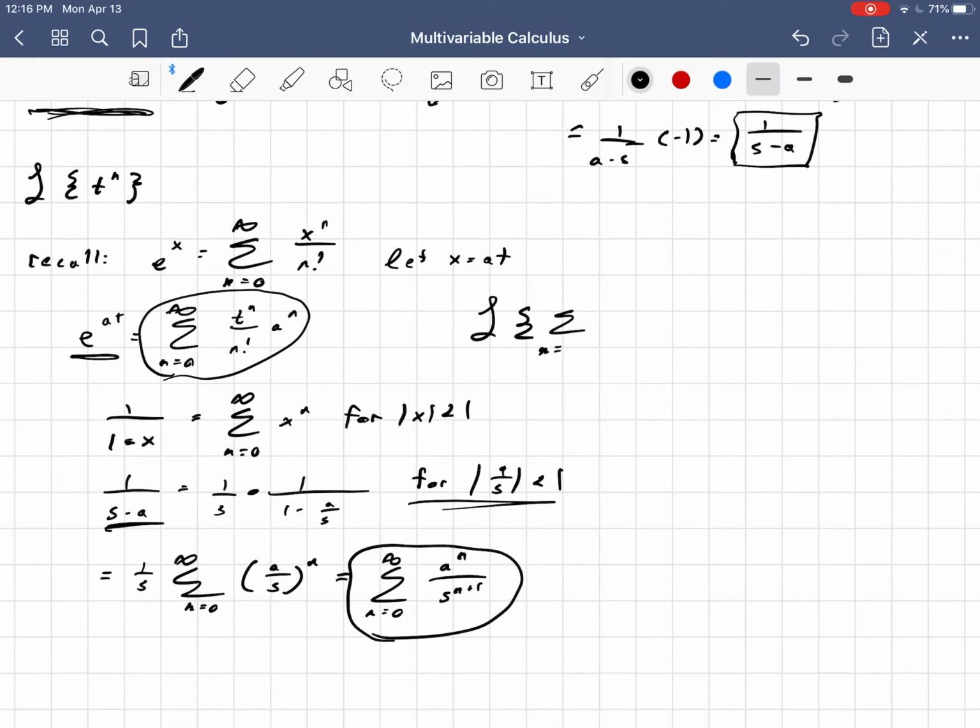So what I can say then is that the Laplace transform of sigma n equals 0 to infinity of t to the n over n factorial times a to the n is sigma n equals 0 to infinity of a to the n over s to the n plus 1.